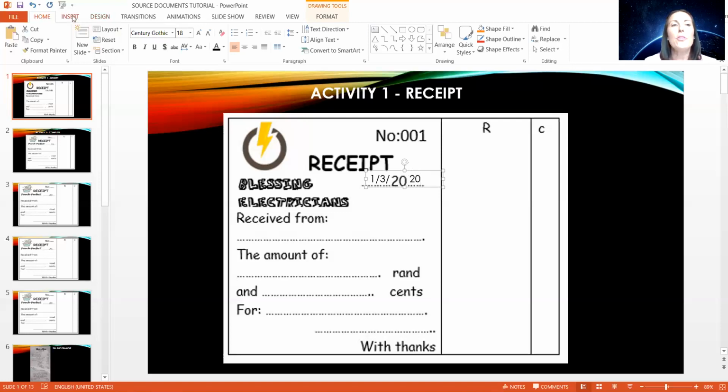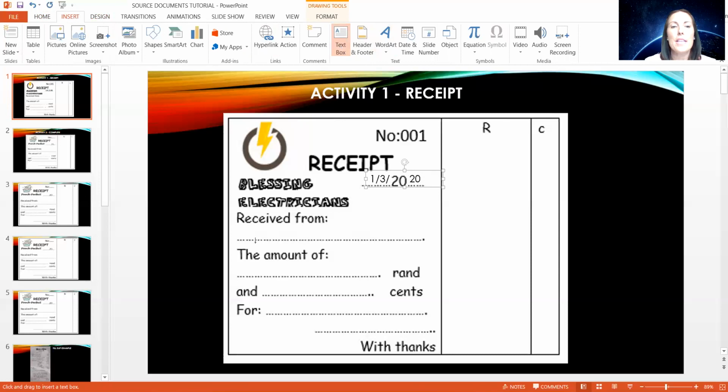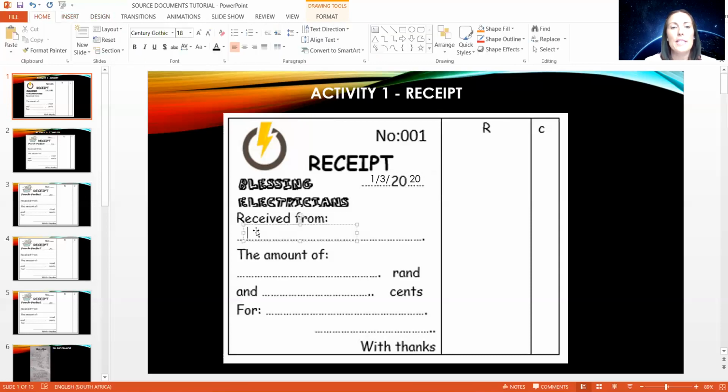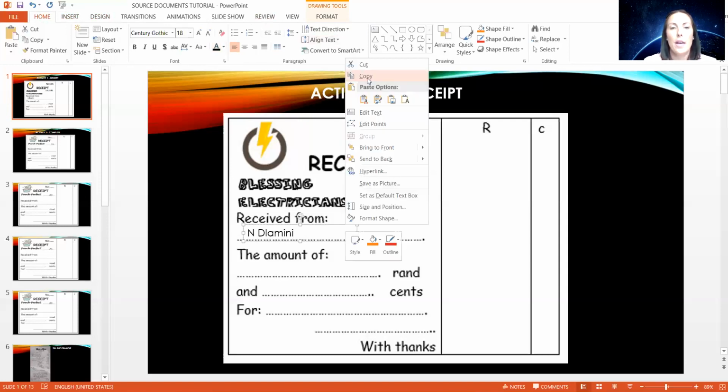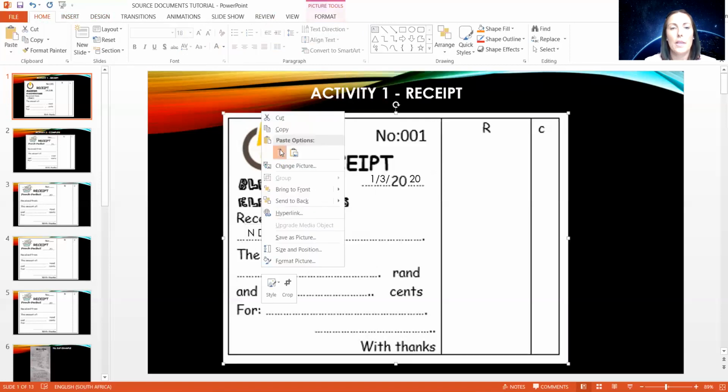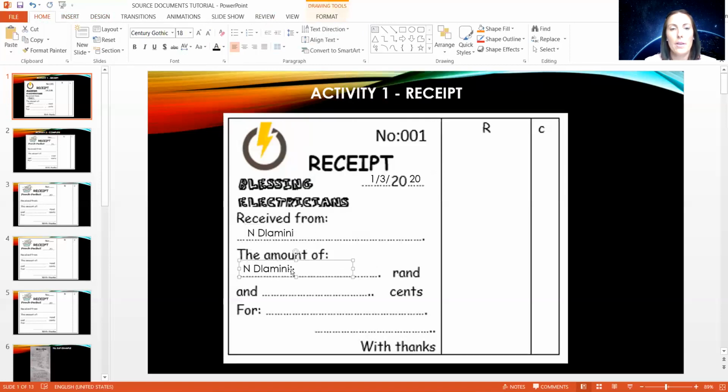Okay, from whom did we receive this money? The information was given to us. We received it from Endlamini, right? And the amount, I'm going to copy so that we can save a bit of time. What was the amount?